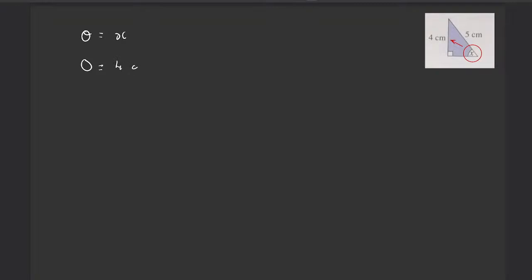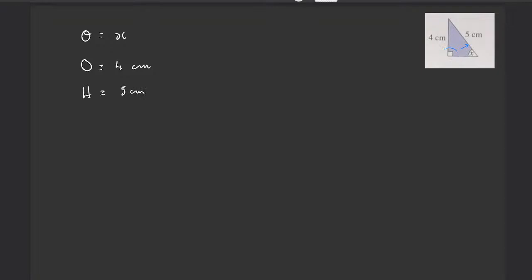We're also given the side that is opposite our right angle, and that side is our hypotenuse, and it is equal to 5 cm.